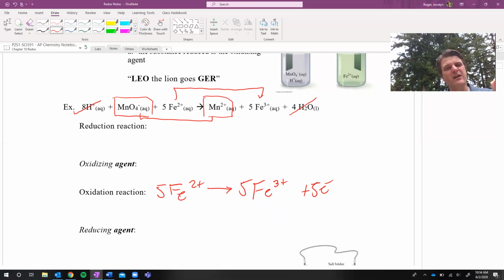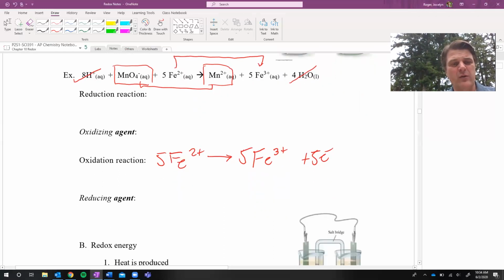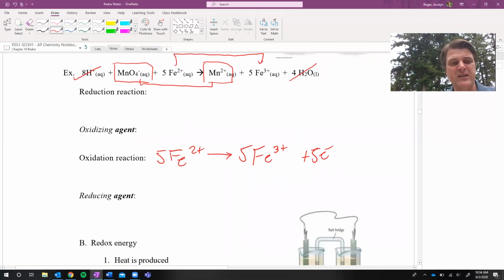So the substance that's being oxidized is the reducing agent, what causes the reducing of the other. Fe2 plus is oxidized, so it is the reducing agent.